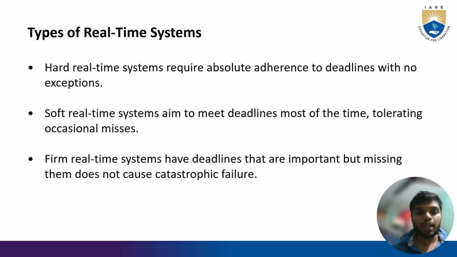Example: task A, T equals 20 milliseconds, WCET equals 5 milliseconds, D equals 20 milliseconds. The scheduler must ensure CPU utilization stays below safe limits so that all tasks fit within their deadlines.